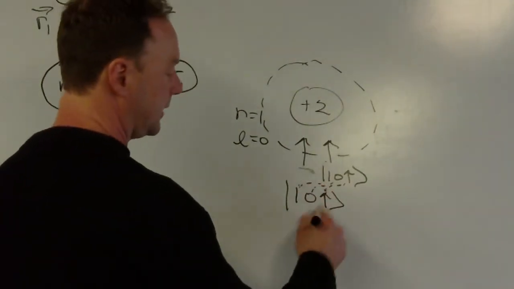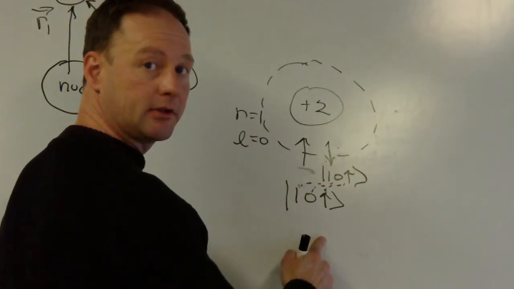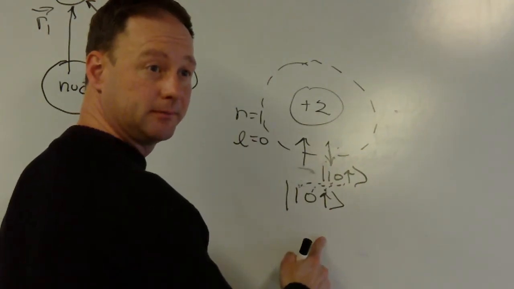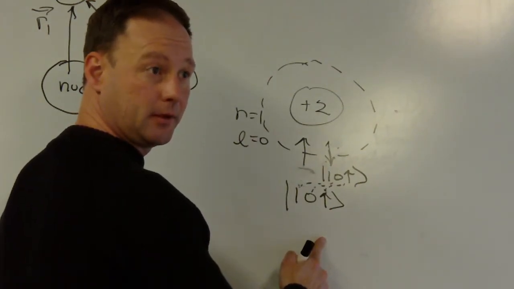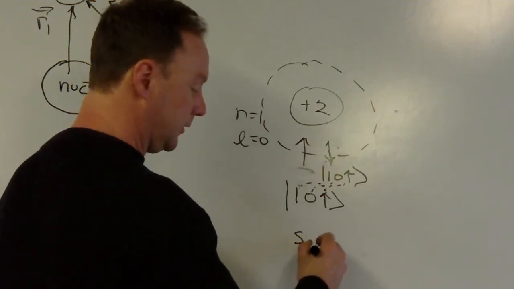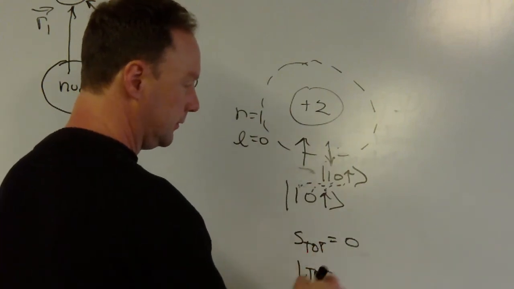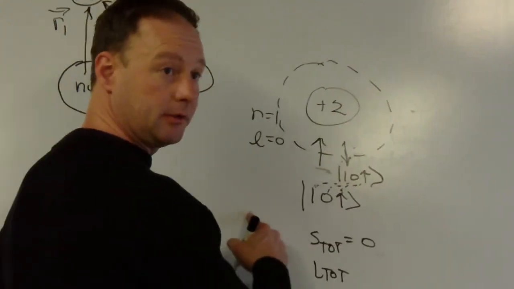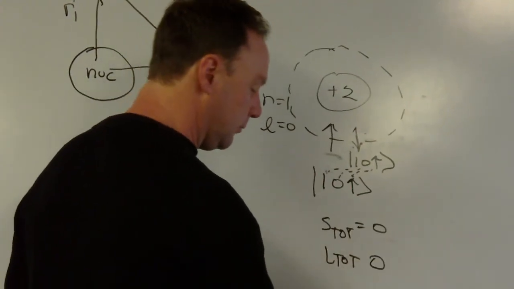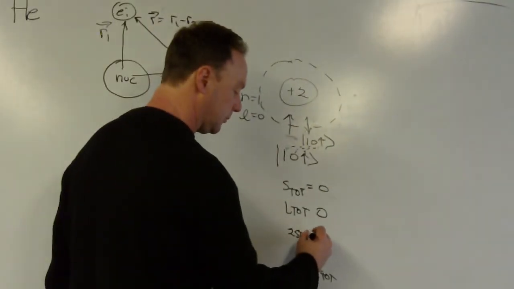The spatial part is the exact same, and with half-integer spins, they have to have opposite spins. That's right. Okay, so the only possible state we could have here is an up and a down. So S total is what? Up and down. So S total equals 0. And what does L total equal? 0 plus 0 is 0. So again, the notation is L total, then 2S total plus 1.